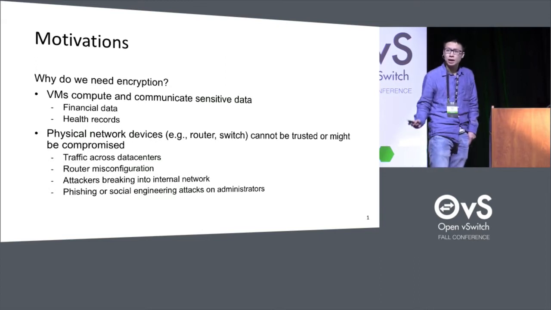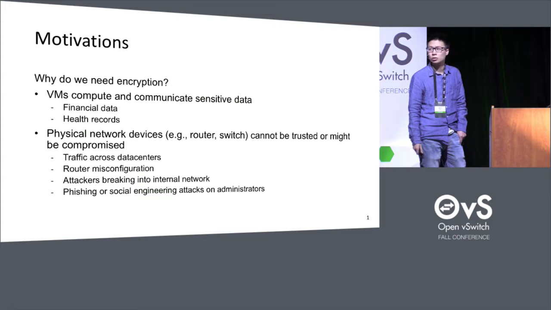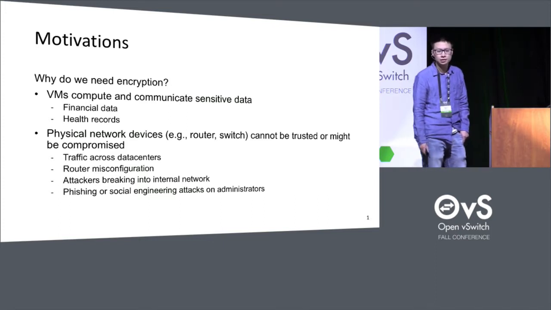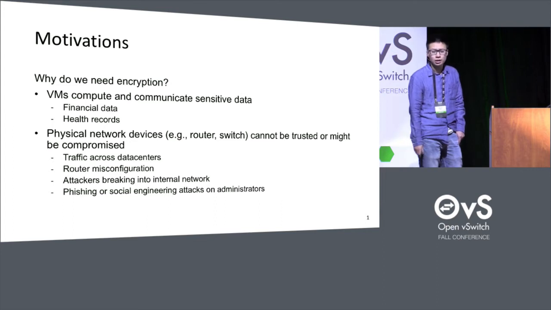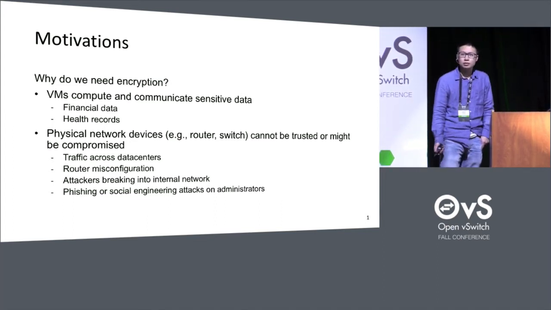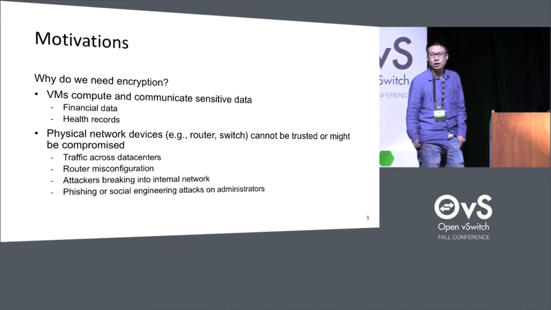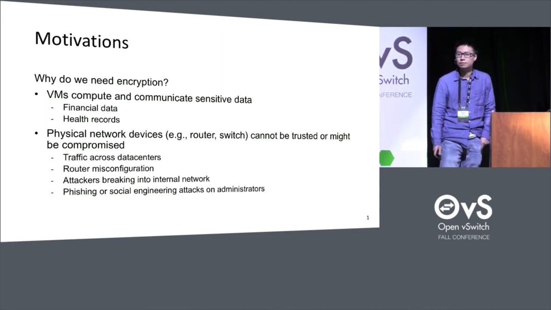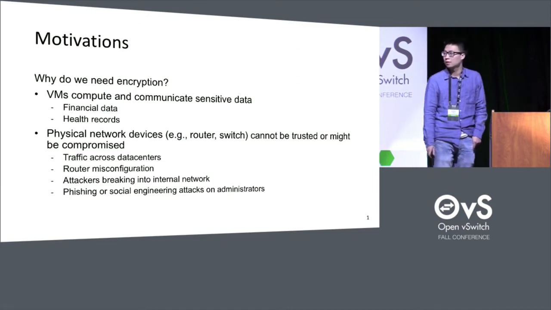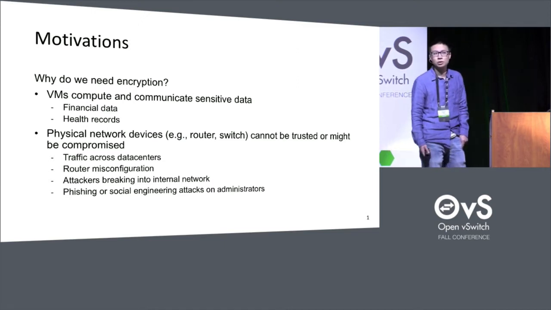Attackers might also break into your internal network and have access to your internal network devices. And administrators might be social engineered to reveal their passwords. In these cases, the traffic is not as secure as we thought.